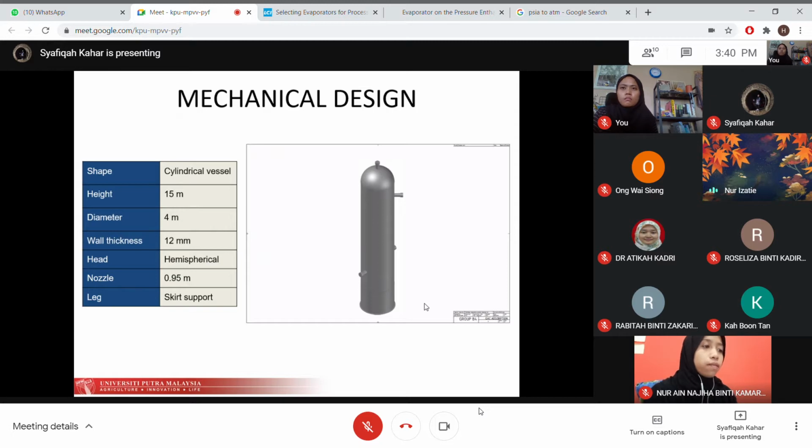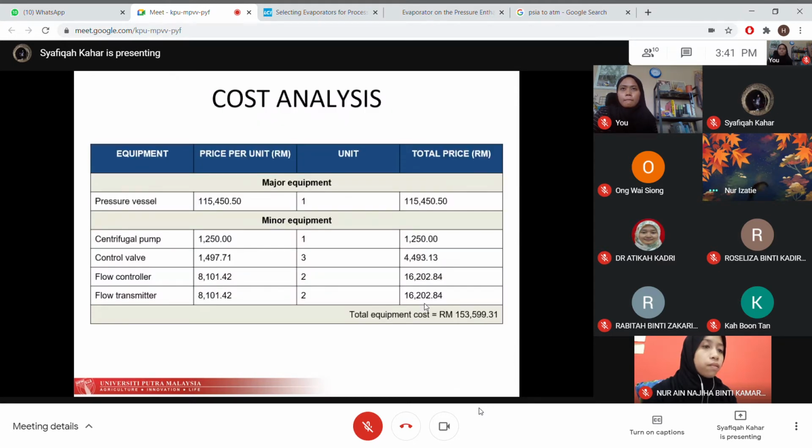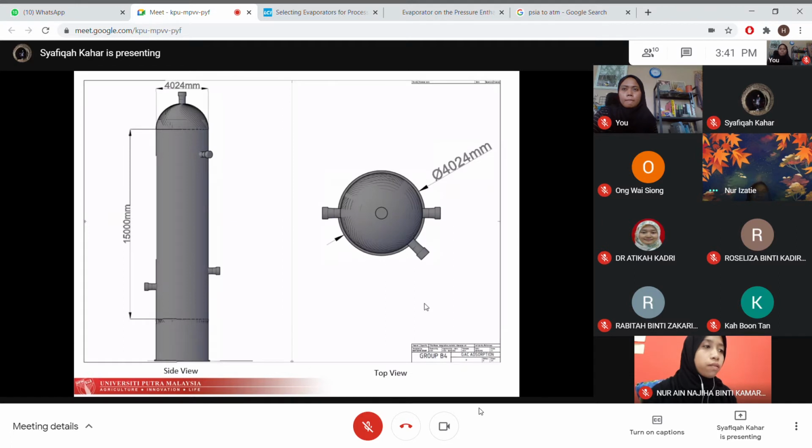The wall thickness is 12 millimeters, and the head used is a hemispherical head. And the nozzle diameter is 0.95 meter, and the support used is a skirt support. This figure shows the design for the side view and the top view.